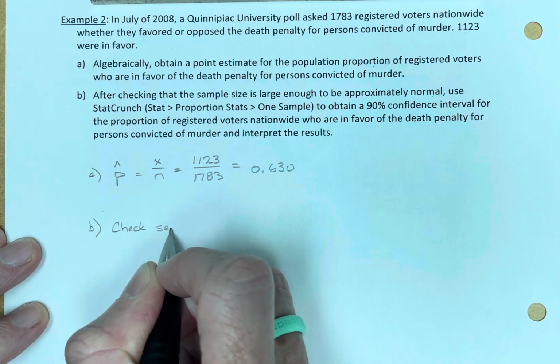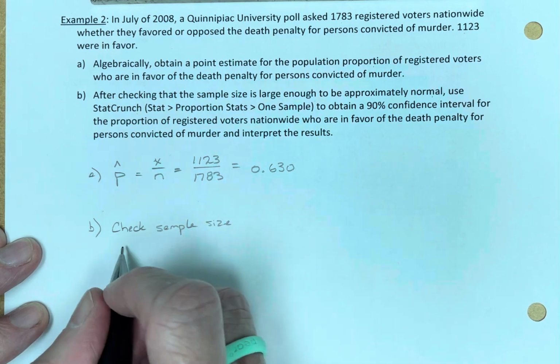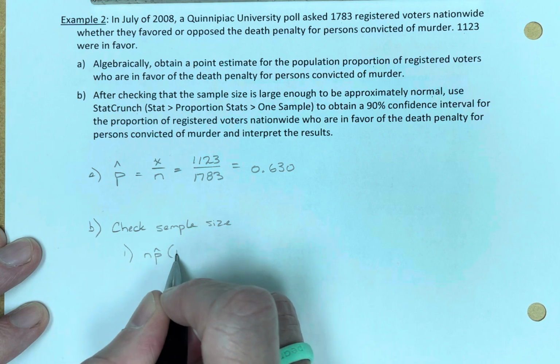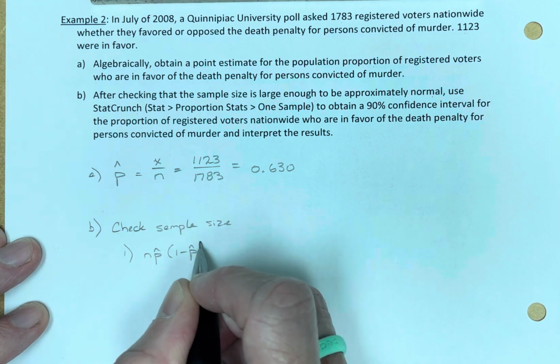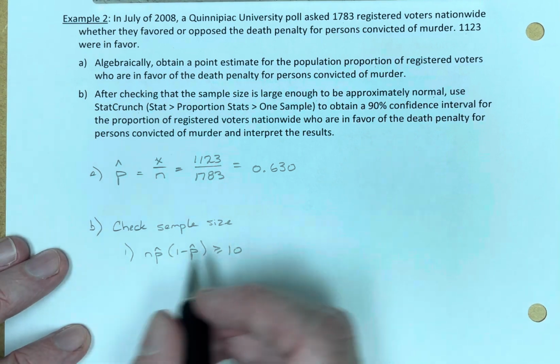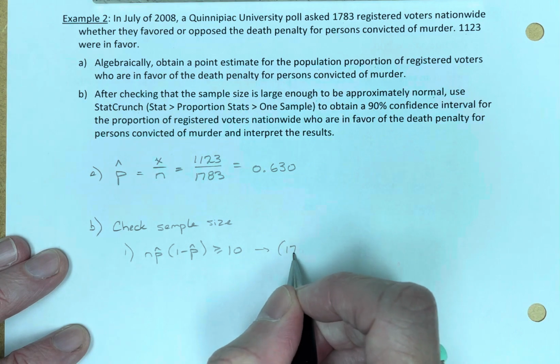And this goes back to the very beginning with what we already know. Okay, we got 2 things to check. Number 1 is n p-hat times 1 minus p-hat greater than or equal to 10. Well, let's see here. Our sample size is 1783.